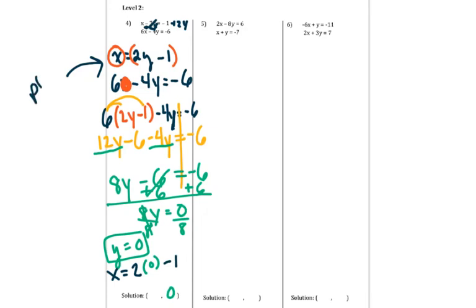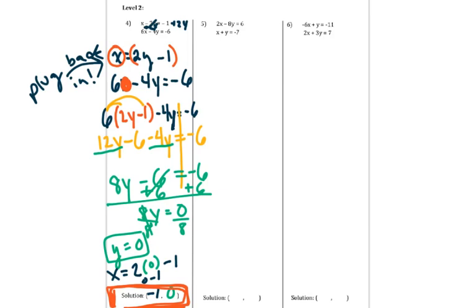So I took that y is 0 and I plugged it into the x equals equation. 2 times 0 is 0, minus 1. 0 minus 1 is negative 1. So these two lines would cross at negative 1 comma 0.